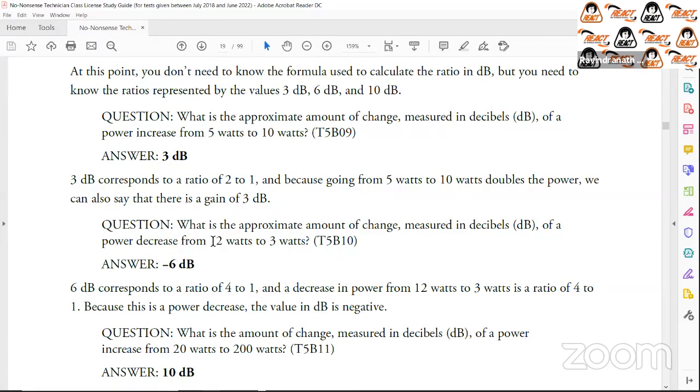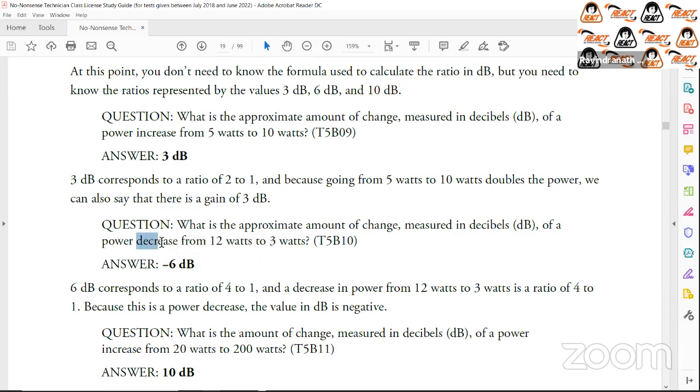So what are we going from and to? We are going from 12 watts to 3 watts. That is a quarter. And as earlier mentioned, multiplying by 4 or dividing by 4 is 6 dB. So that's the answer, 6 dB, but not just 6 dB, minus 6 dB. Why minus?